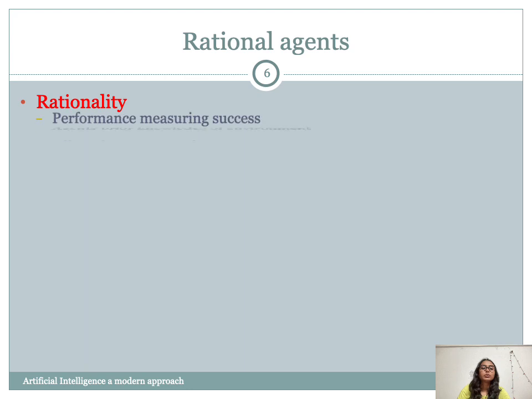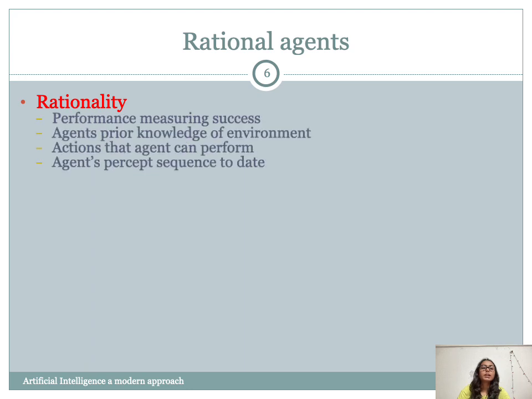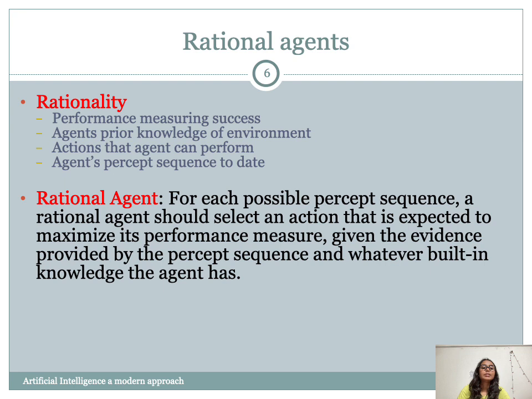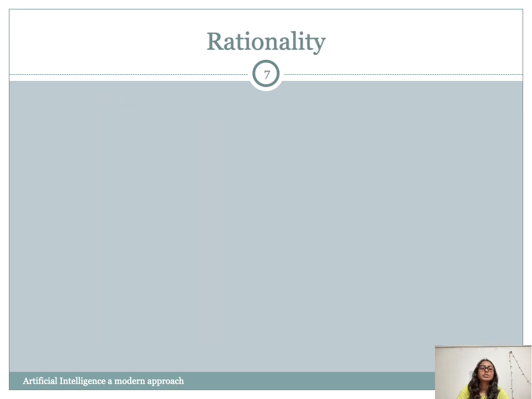Rationality: performance measuring success, agent's prior knowledge of environment, actions that agent can perform, agent's percept sequence to date. Rational agent: for each possible percept sequence, a rational agent should select an action that is expected to maximize its performance measure given the evidence provided by the percept sequence and whatever built-in knowledge the agent has.